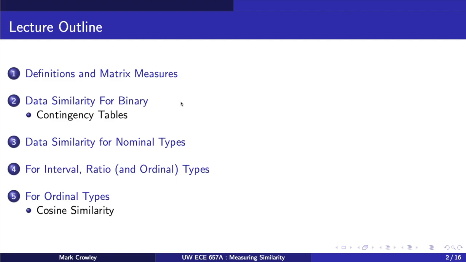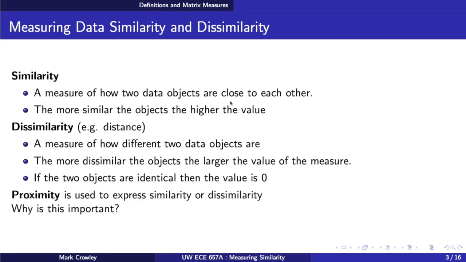So we're going to define these in various different ways for different types of data that we've talked about, and just set the groundwork here. So what are we talking about in terms of terminology and words? We're going to say often similarity and dissimilarity, or I might say distance, right?